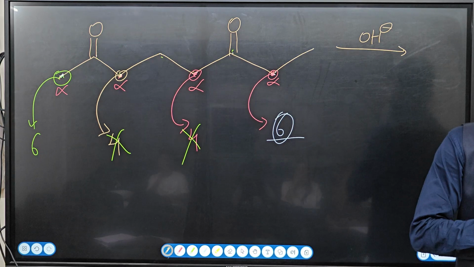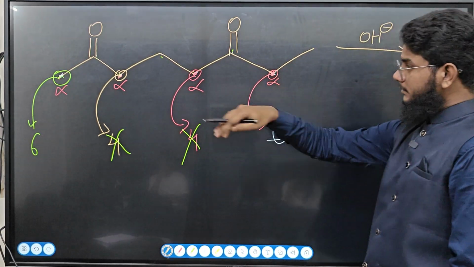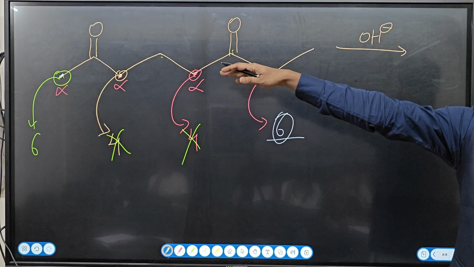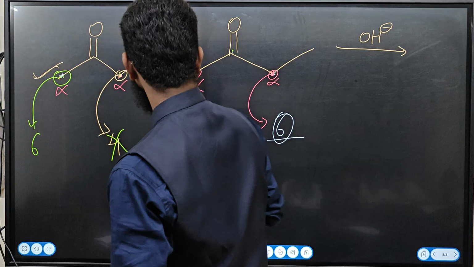There is also one more thing. First choose this first one. According to this, draw the product, and then this one.